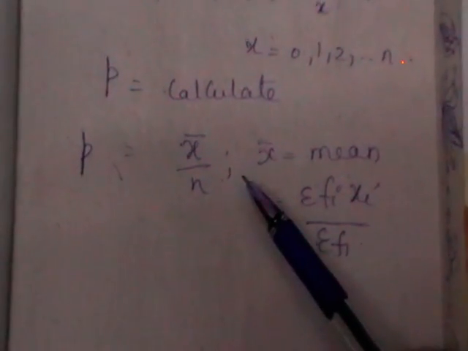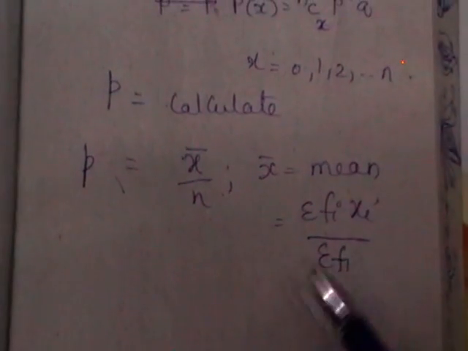Now, fitting of a distribution involves three columns. We are fitting a binomial distribution here. You have only two categories, fitting of binomial and Poisson.